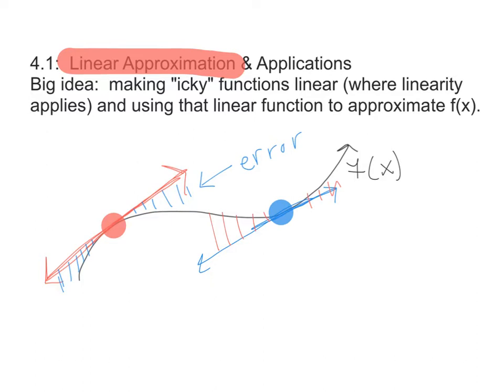Basically saying, in that pink zone, the function is fairly linear. So I'm going to create a linear function there to approximate that area of the function, appreciating that if I move too far away, where the linearity behavior is not happening, in the area where it was blue rather than pink, it's not going to work anymore.